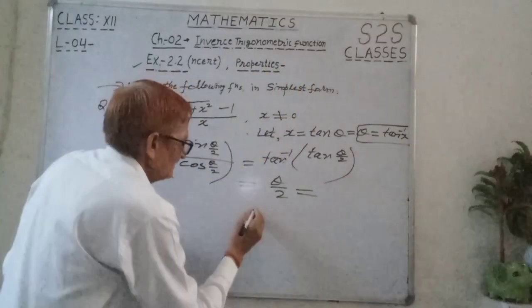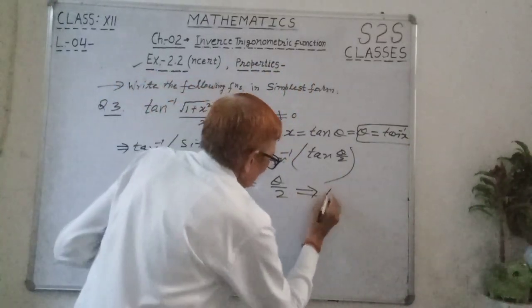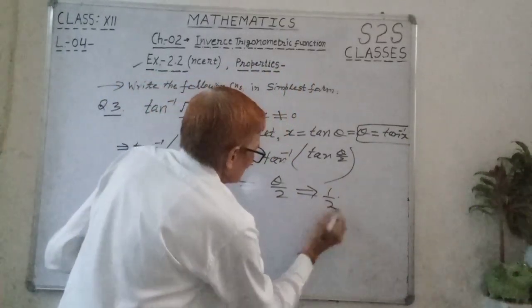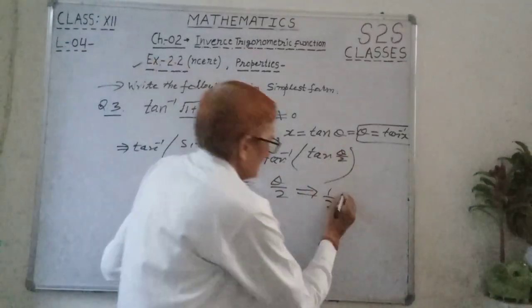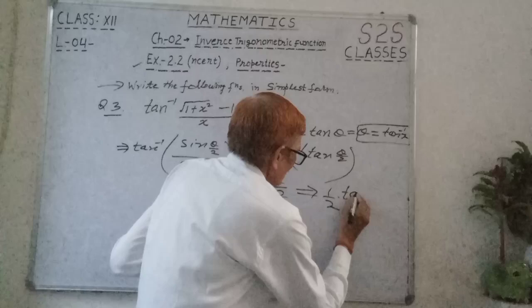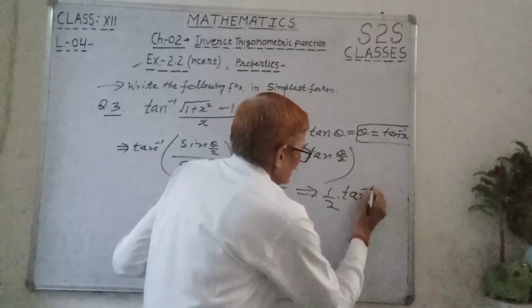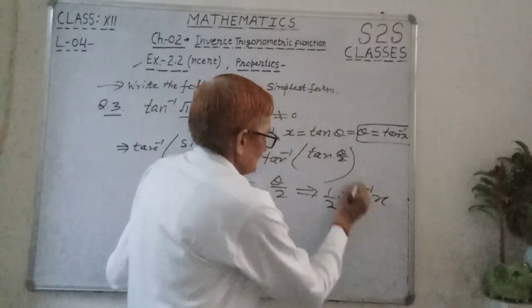So replace theta: theta by 2 means 1 upon 2 into theta, and theta value is tan inverse x.